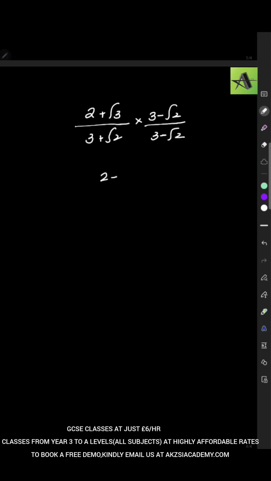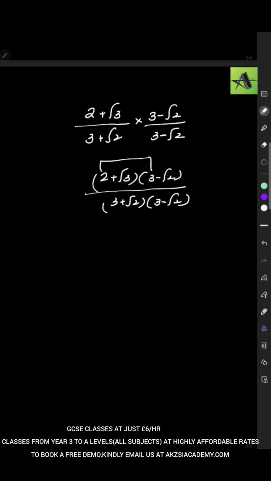So this will be 2 plus root 3 times 3 minus root 2 over 3 plus root 2 times 3 minus root 2. So 2 times 3 will give me 6 minus, 2 times minus root 2 will give me negative 2 root 2, wait, as spoken: 3 times minus root 2 will give me negative root 6. Then root 3 times 3 will give me 3 root 3.